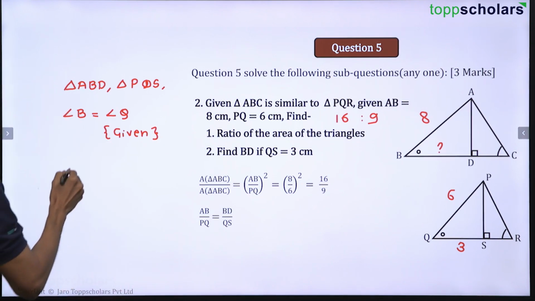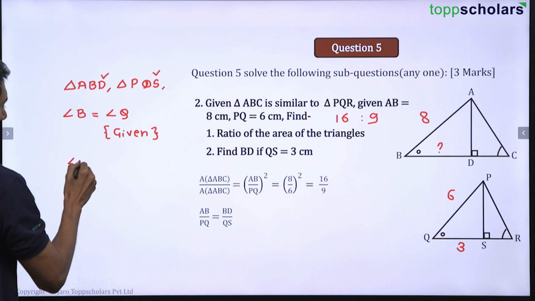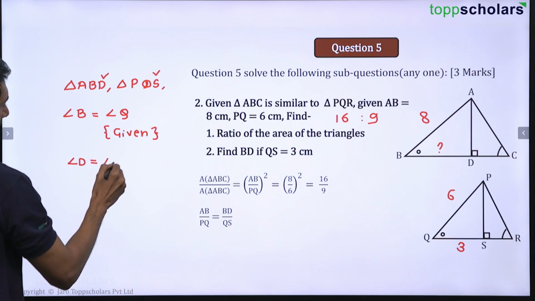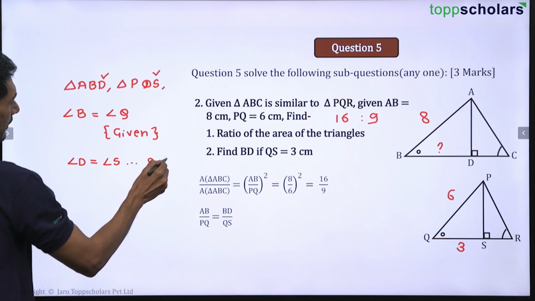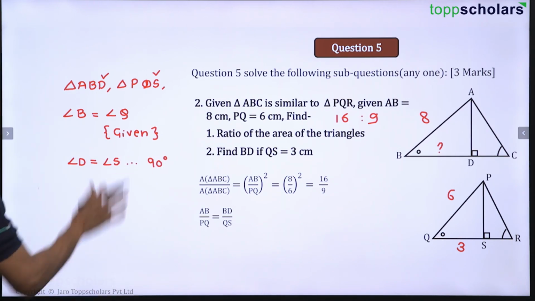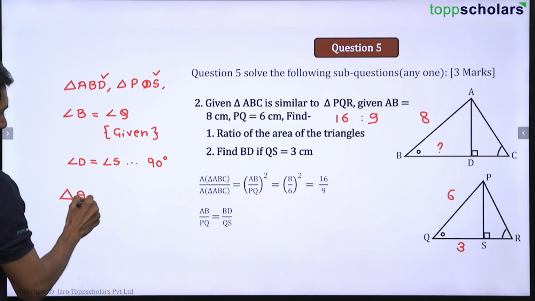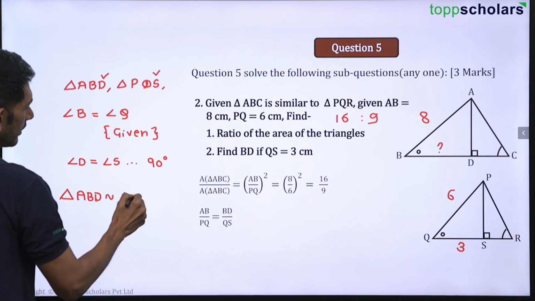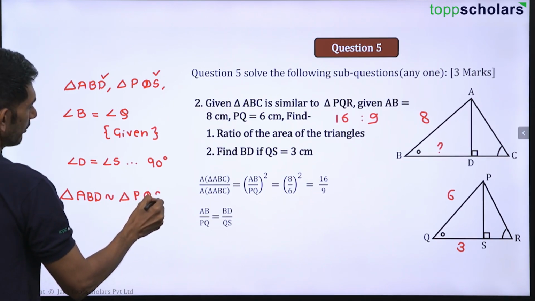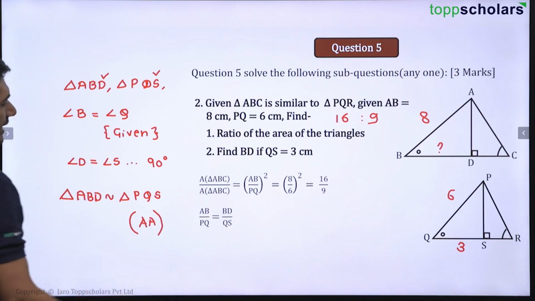And it is also given that angle D is equal to angle S, because they are 90 degrees each. So can I say two triangles are similar? Triangle ABD is similar to triangle PQS by the AA test of similarity.